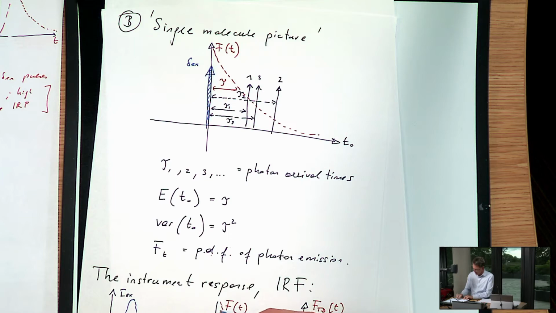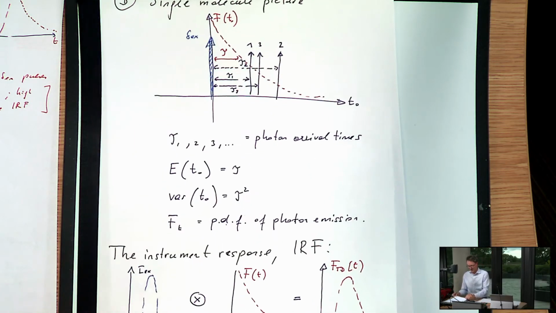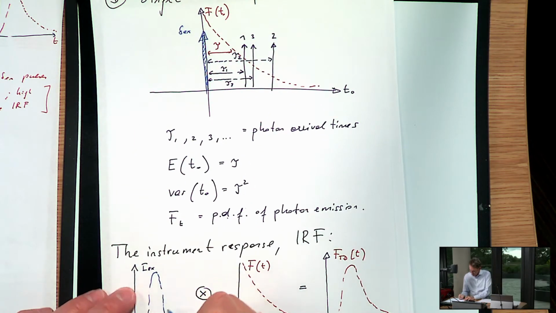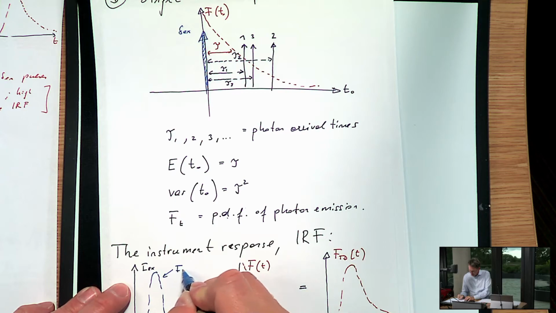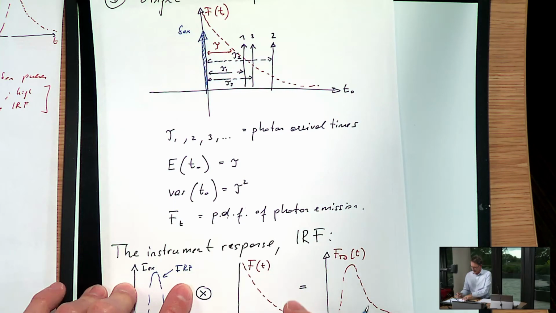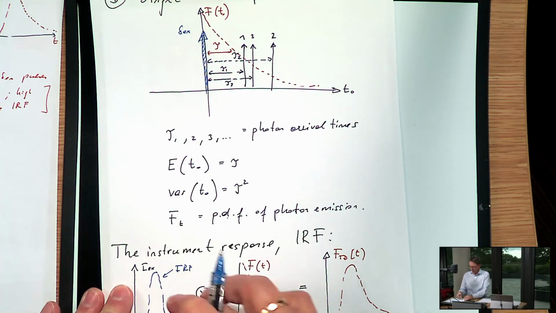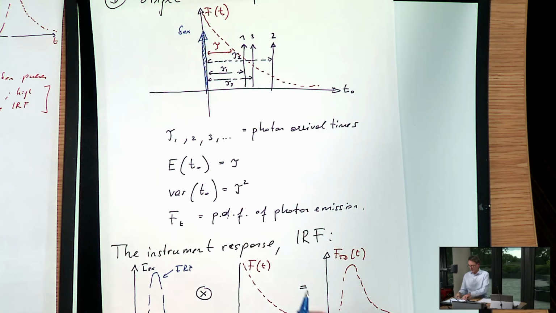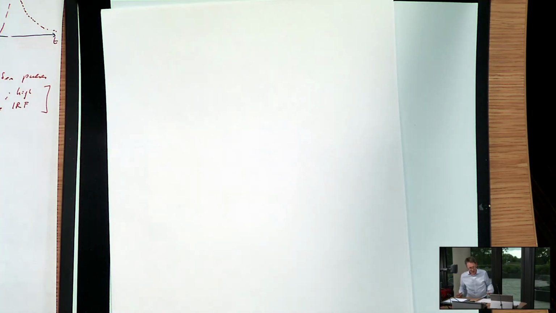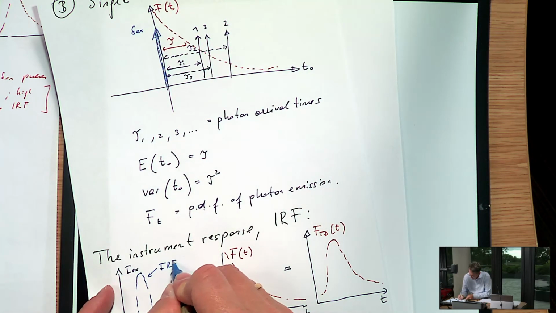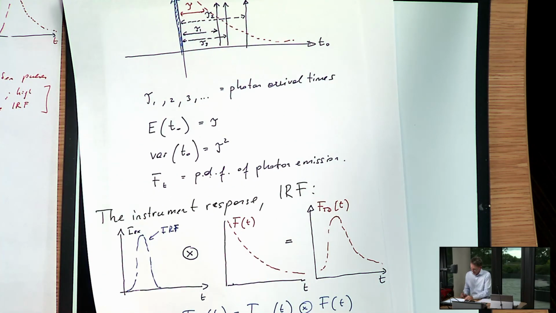And then you get a convolution with a delta function, which gives you the instrument response function itself. So we can call this here also the instrument response function, which is what you get if the lifetime was infinite and this was a delta function. All right, so this is called the IRF.